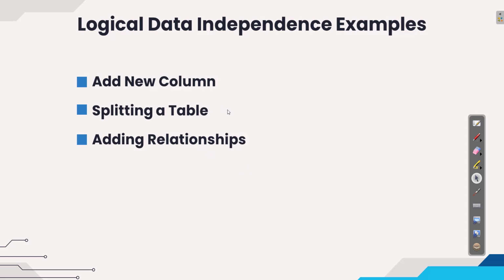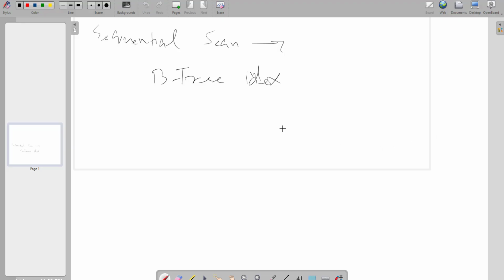For example, we can add a new column in the schema. For example, we have the student table and its columns are ID and name. Before that we have the query select ID and name from students.